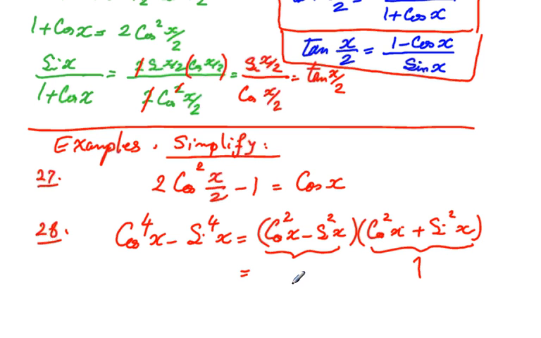And today we learned something new. What is that? Cosine square of x minus sine square of x. How does that become 0? That is this side. Cosine 2x. So it boils down to cosine of 2x.